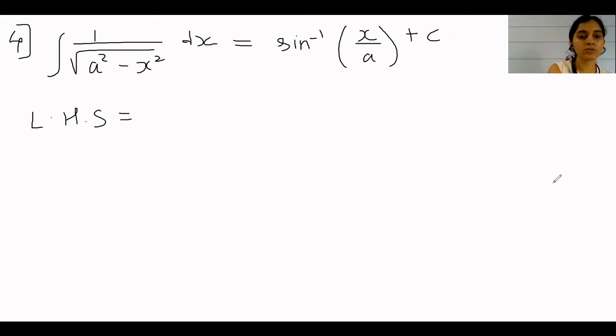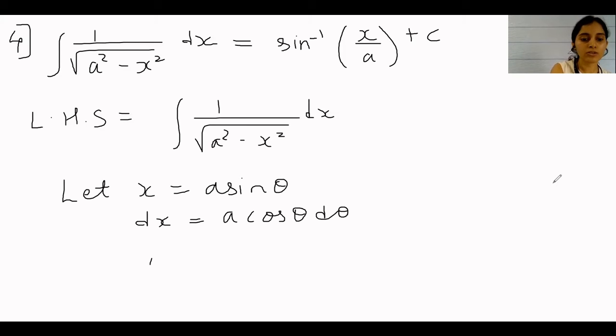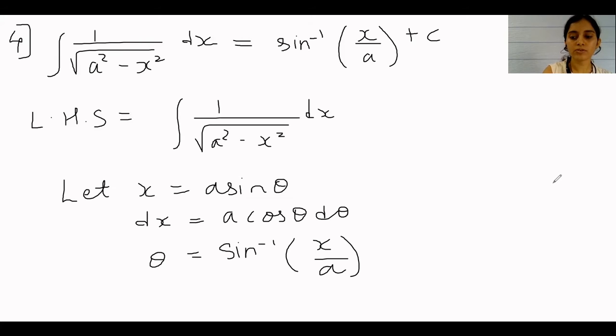So LHS is equal to integration of 1 upon root of a square minus x square dx. Let x equal a sine theta, so dx will be equal to a cos theta d theta. Also, theta is equal to sine inverse of x upon a.